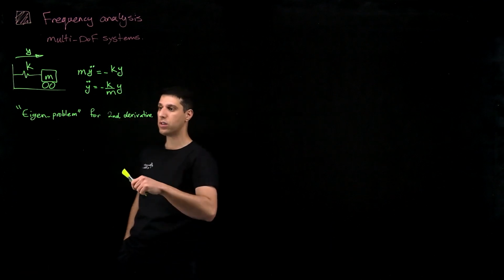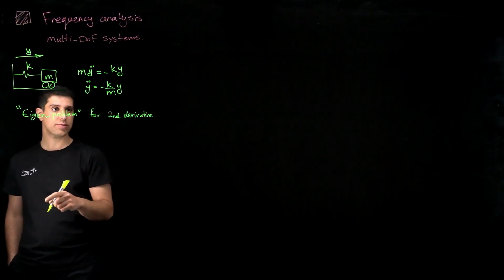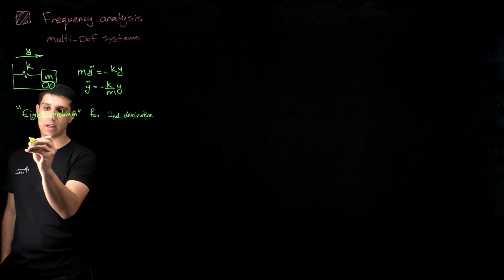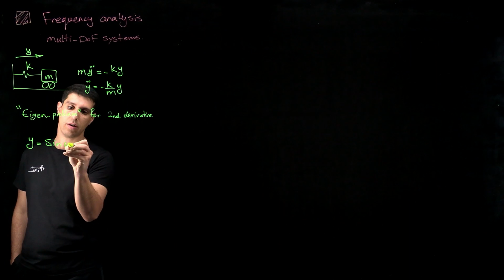The input is a function. And for the second derivative, one of the solutions for this eigen problem is y equal to sine of omega t.